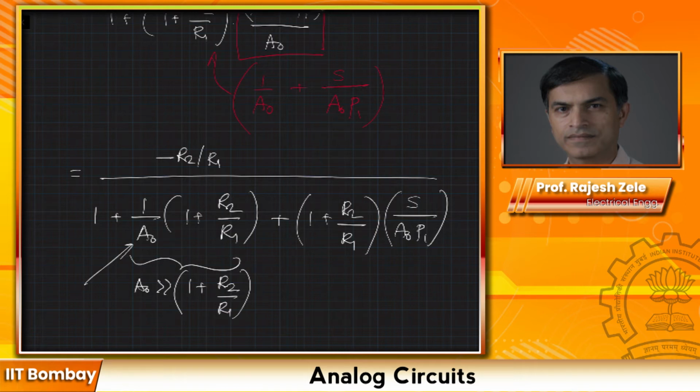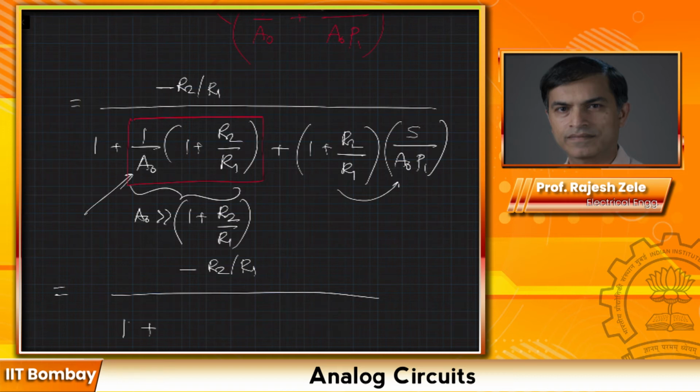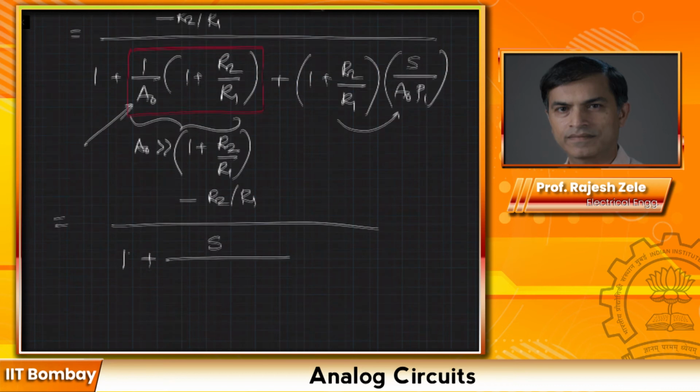And you will get 1 plus s and then we will have A0 P1 divided by 1 plus R2 over R1.